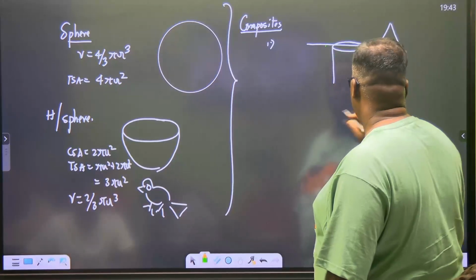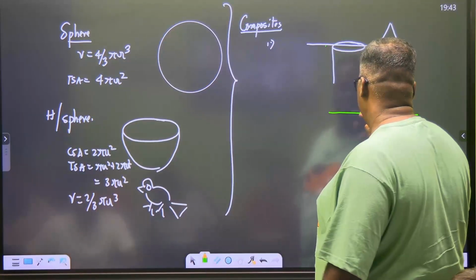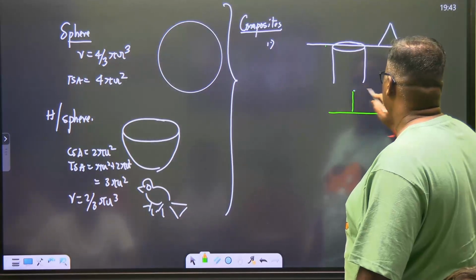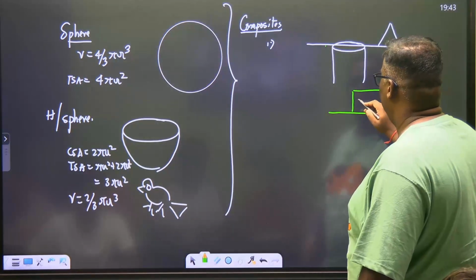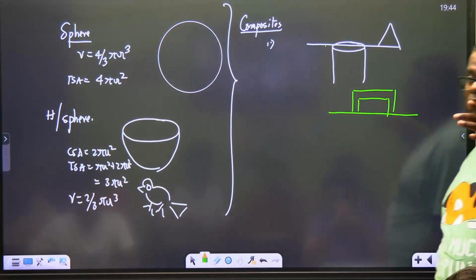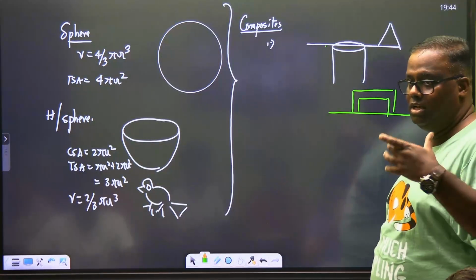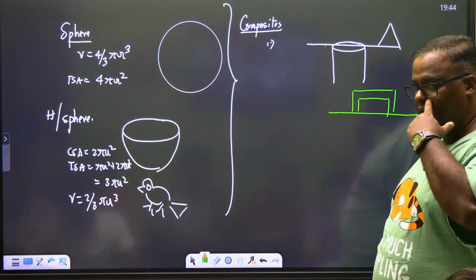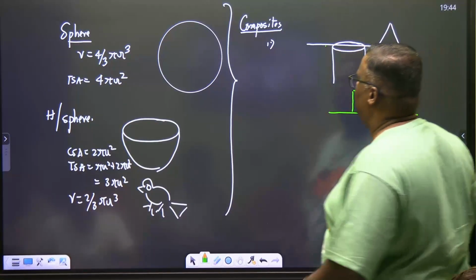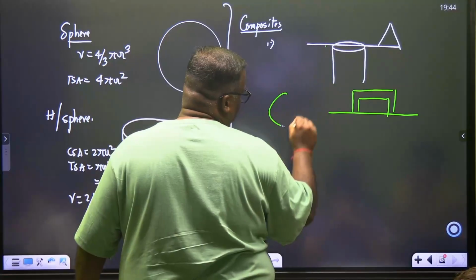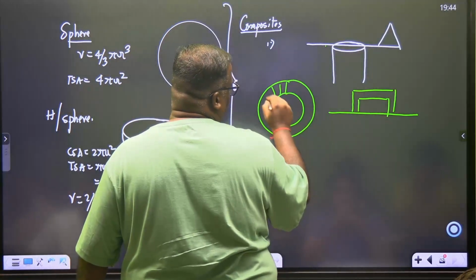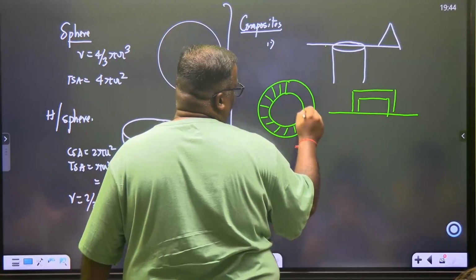If you see from the top, they'll tell you the thickness of the ring. So if you see from the top, you will see it like this. This is the well entry and this is the ring that you have created around the well.